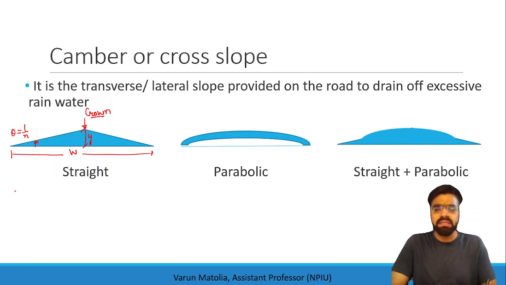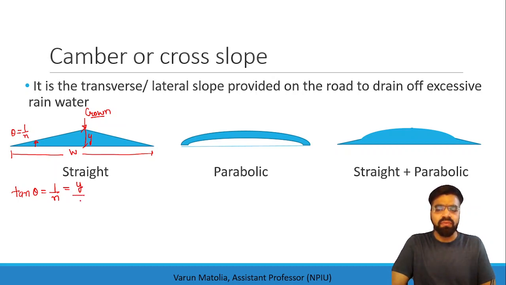So if we write tan theta, it is represented by 1 by n and is also represented by perpendicular by base. Perpendicular is y, base is half of this width.